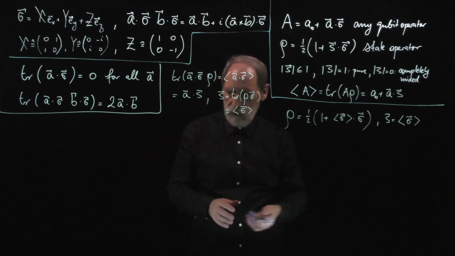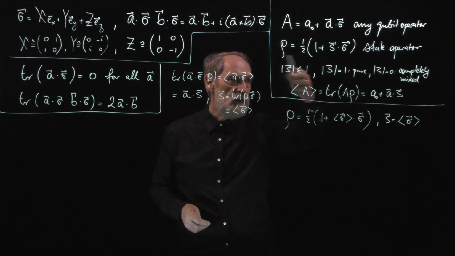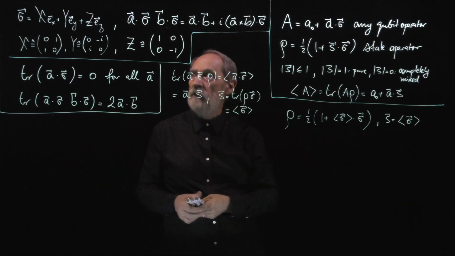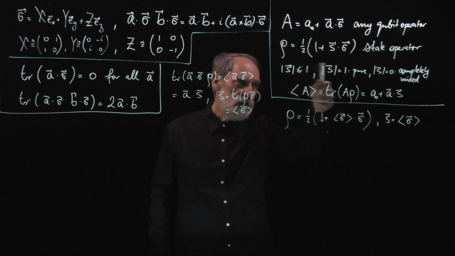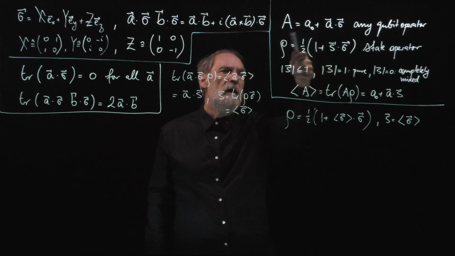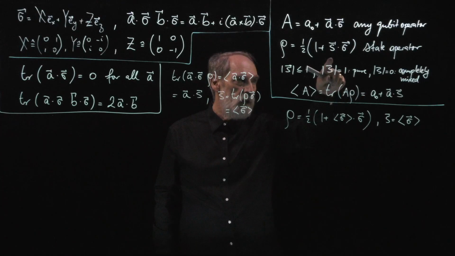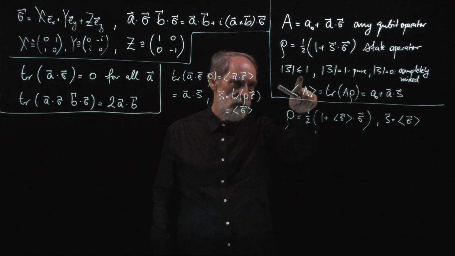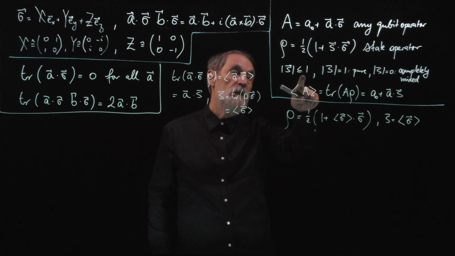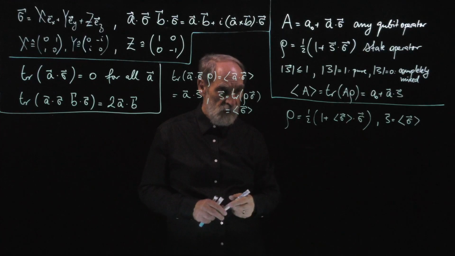So, if we just look at this in general again, then the state space of the qubit is the collection of all those possible state operators, and they are parameterized by this Bloch vector, which is a vector in three-dimensional space, which does not exceed 1 in length.